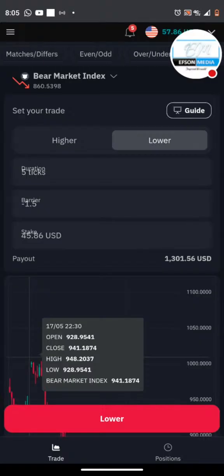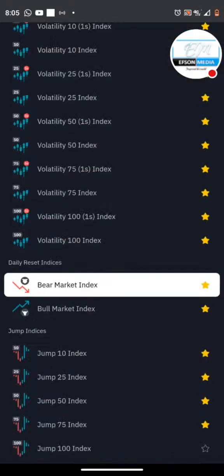You pick a market. Just pick a market. We chose the bear market index. We have so many of them, but mostly I select either the volatility 100 or the bear or bull markets. So you can deal with the volatilities there or the bear and the bull markets.